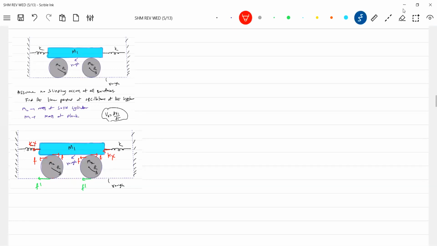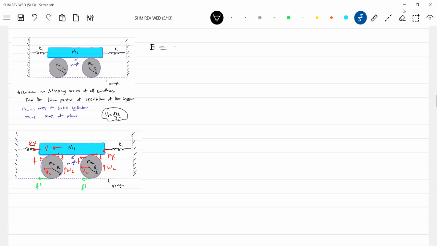Then put all the accelerations. Let the velocity of the plank be V. Let's get into the energy equation.